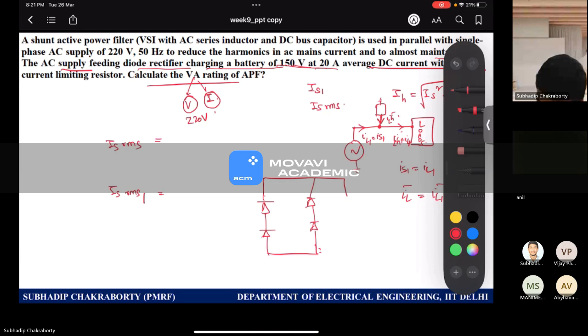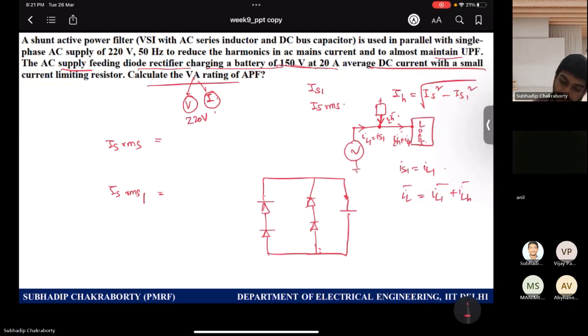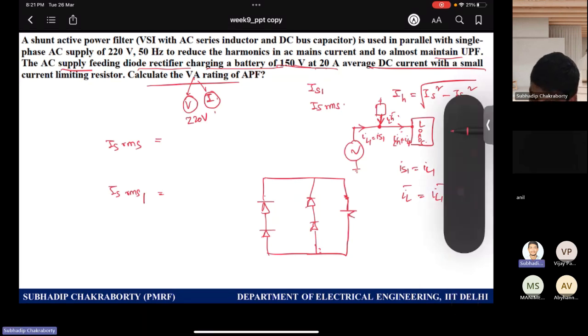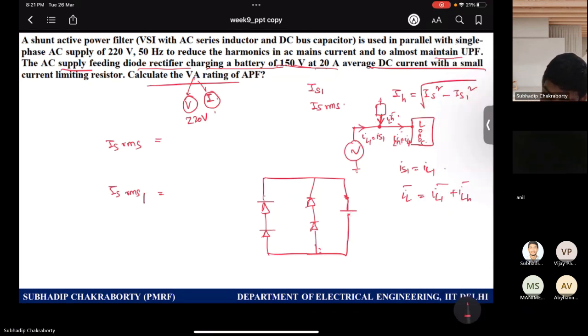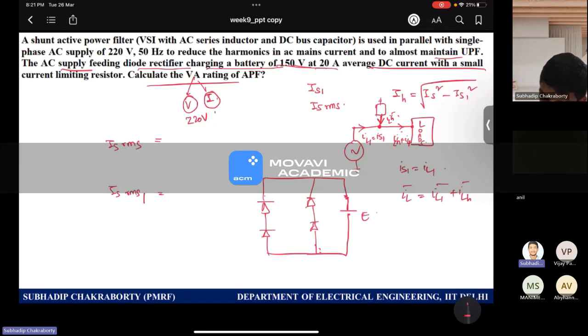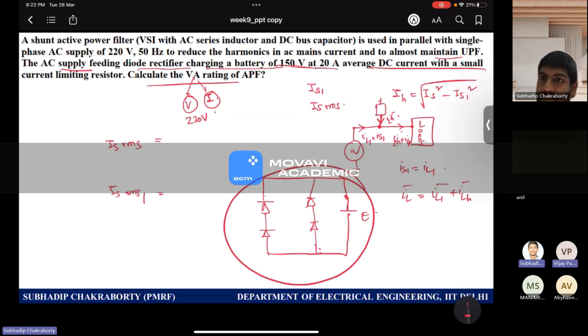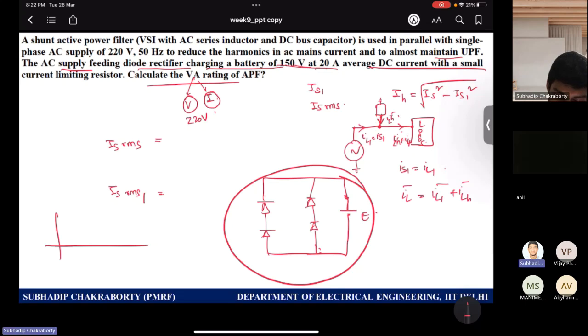Small resistor and then your battery. Now this current is discontinuous in nature because the conduction can only happen in this period.